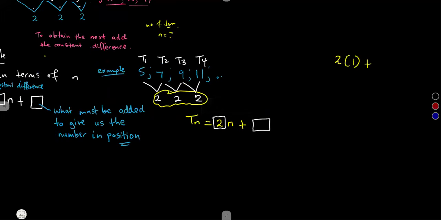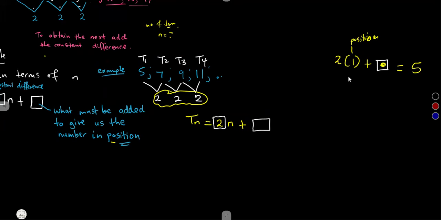This is the question. What are we supposed to add here to give us what? We are on position 1. What are we supposed to add here to get the number in position? The number in position is what? Is 5. This is the number in position. So what are we supposed to add here so that we're going to get a 5?